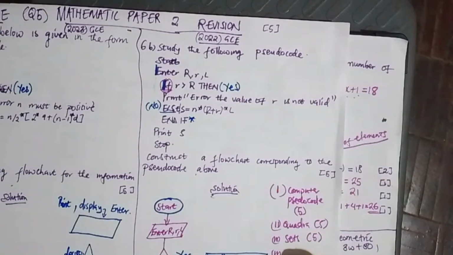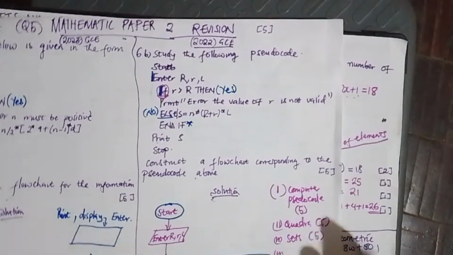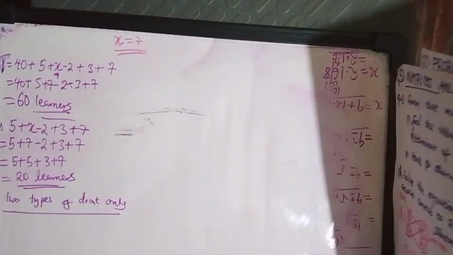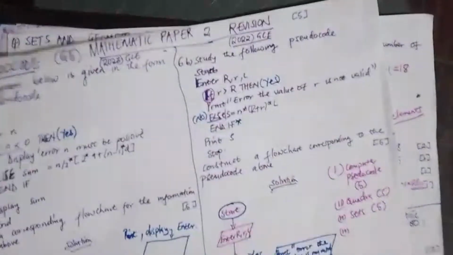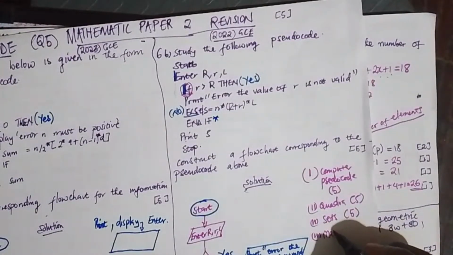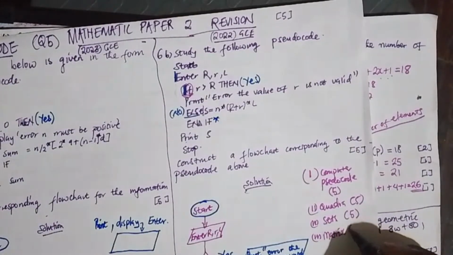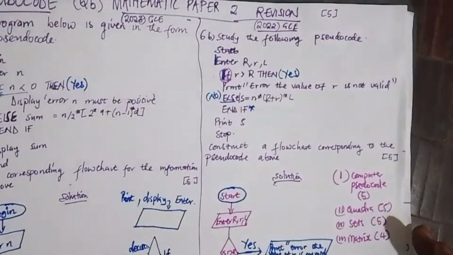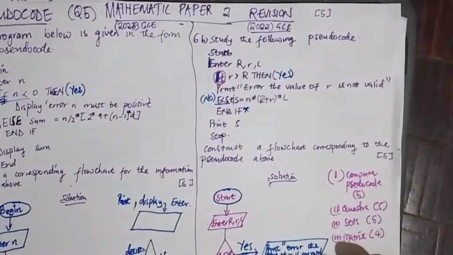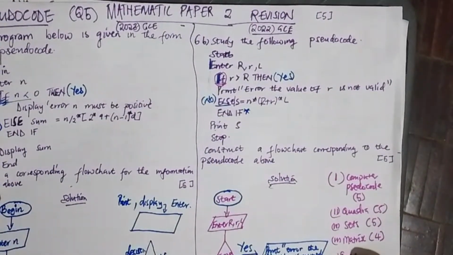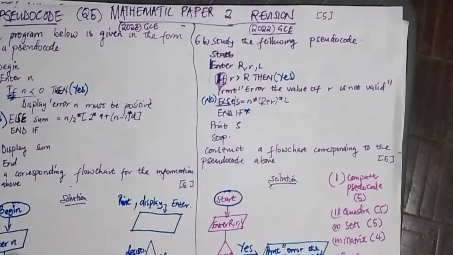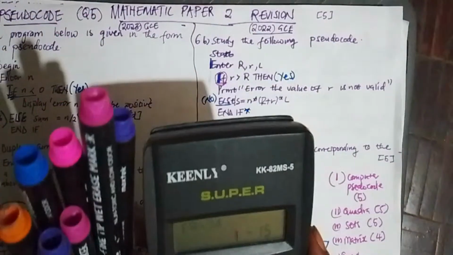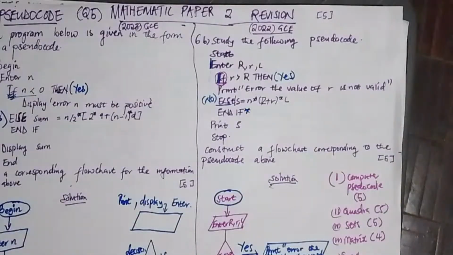We have also covered matrix, which is 4 marks. So we have covered 19 marks in our video today. So 19 marks minus 34, we have 15 marks to cover tomorrow morning.